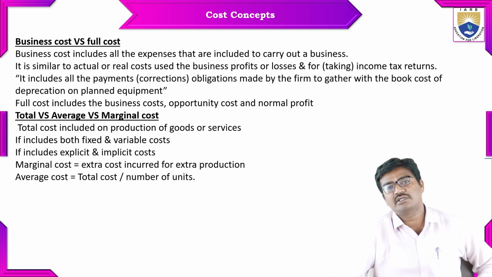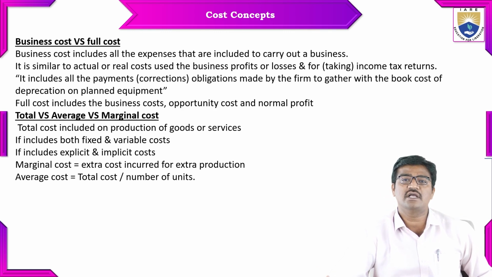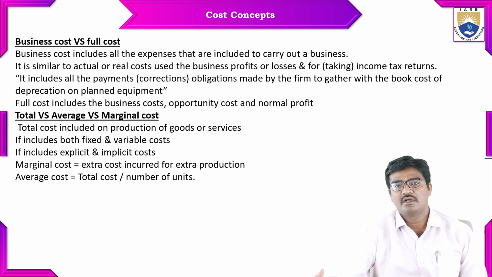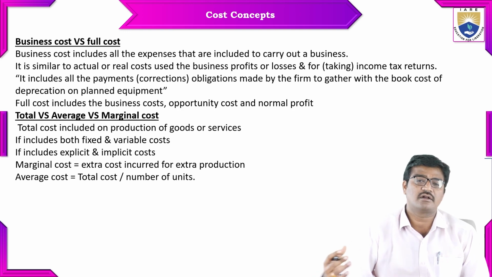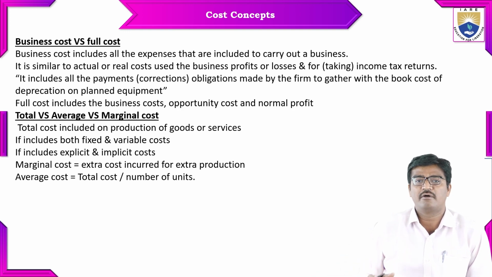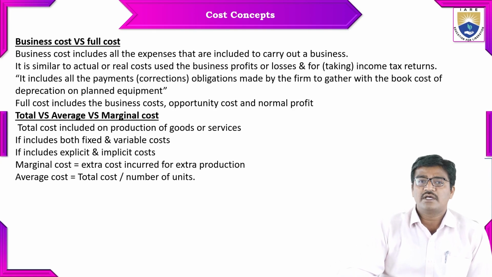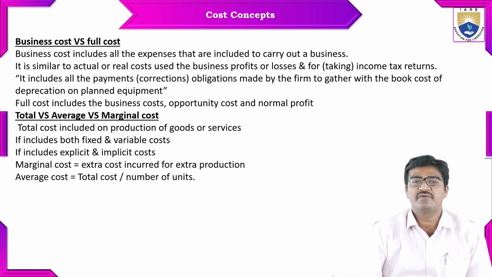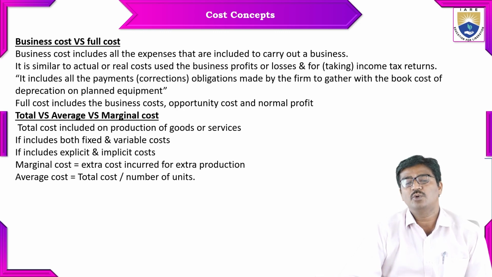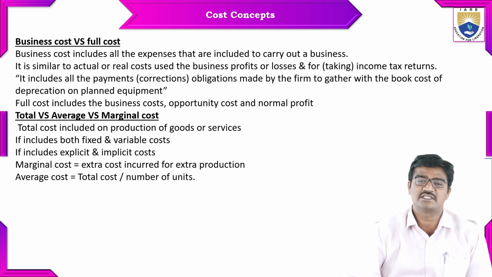To manufacture a product or to provide a service, we need to incur a number of expenses. For manufacture of a product, you need to employ a number of laborers, who need to be paid wages.